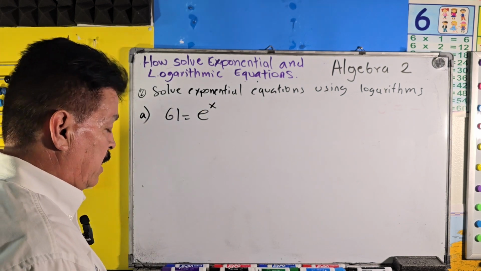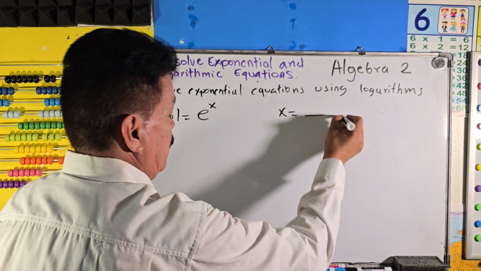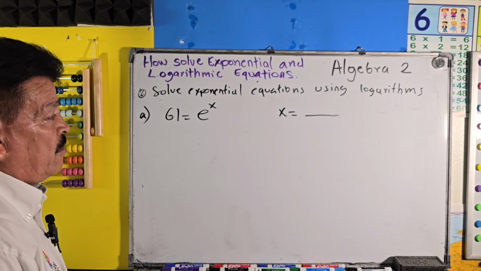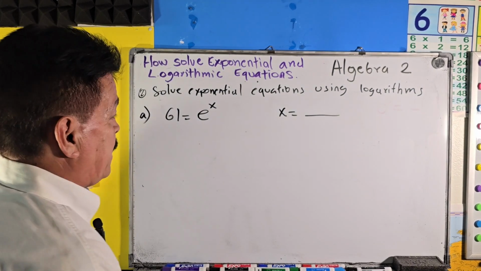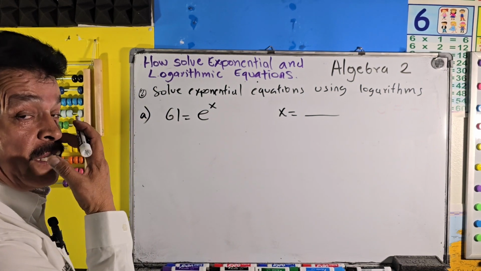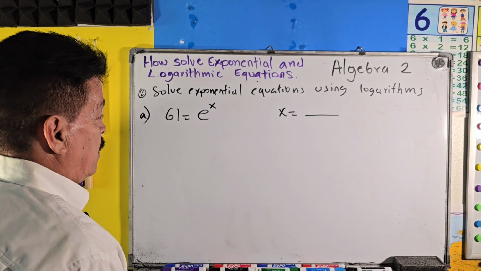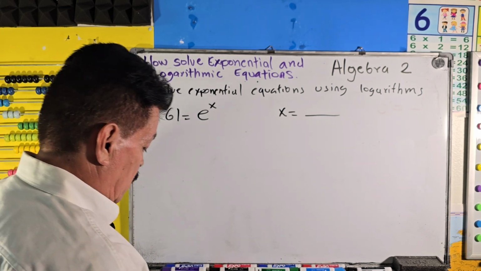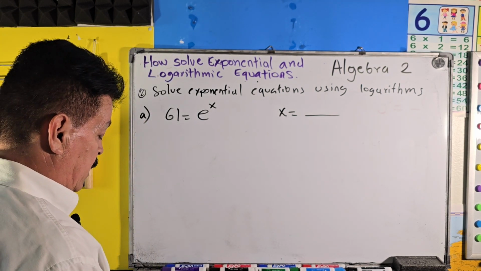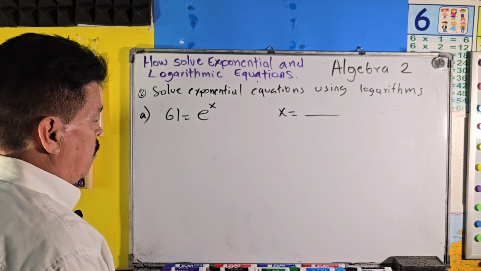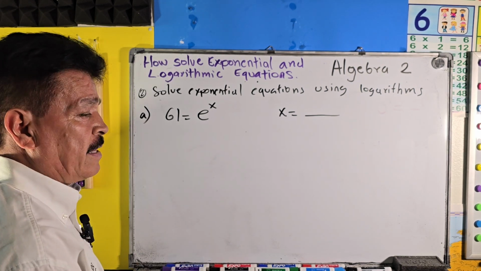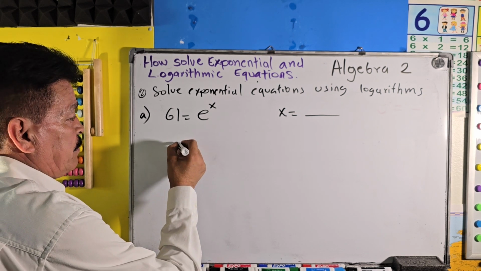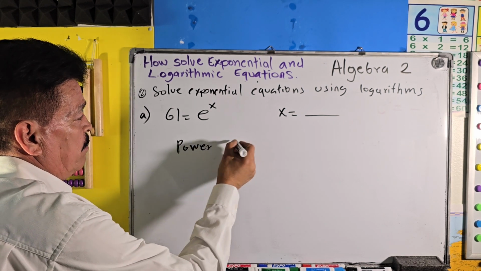To find the answer here, we have to round the answer to the nearest thousandth.